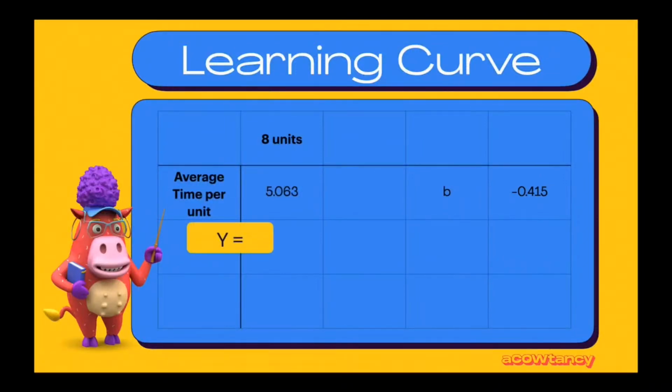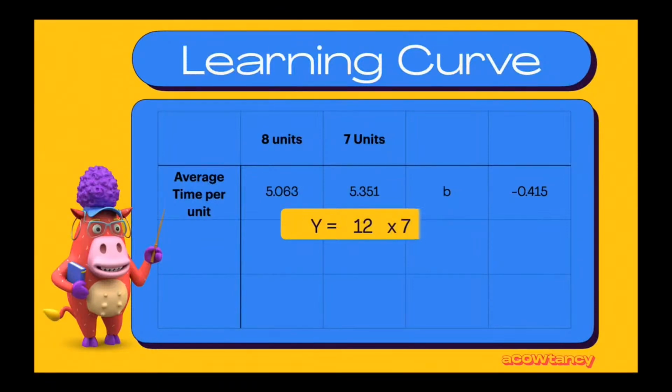Y equals what? A, which was 12, times 8, which is just the number of units, to the power of B, which you'd already calculated. Did the same for 7, so we'll just quickly do that. 12 again, times by 7 to the power of B. And then you got the total time. How did you get the total time?